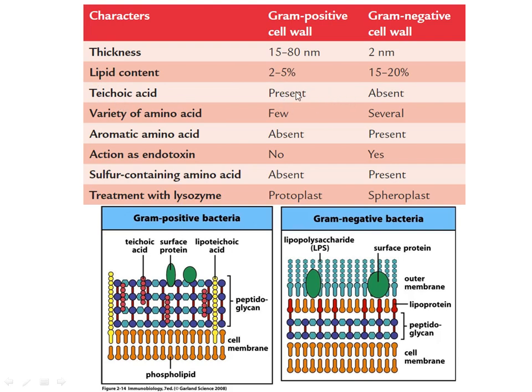Teichoic acids are present in gram-positive, absent in gram-negative. There is a variety of amino acids, and the aromatic amino acids are absent in gram-positive, while there are several in gram-negative. The action of the cell wall as endotoxin is often seen in gram-negative. Treatment with lysozyme makes gram-positive bacteria become protoplasts, and gram-negatives become spheroplasts.